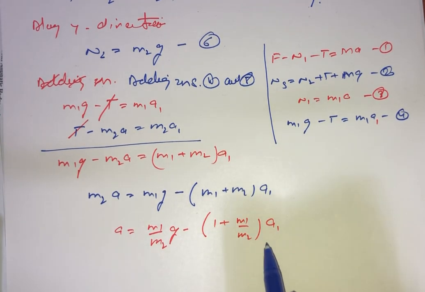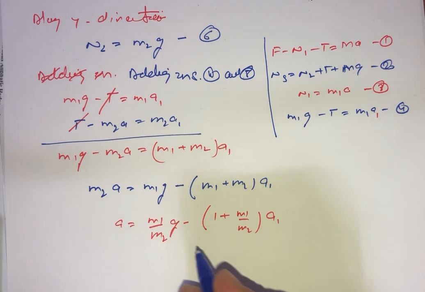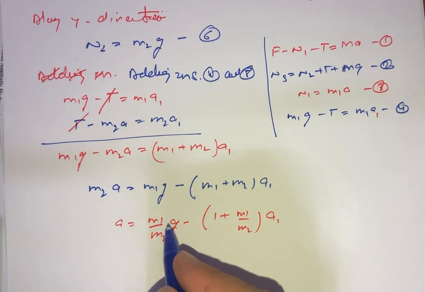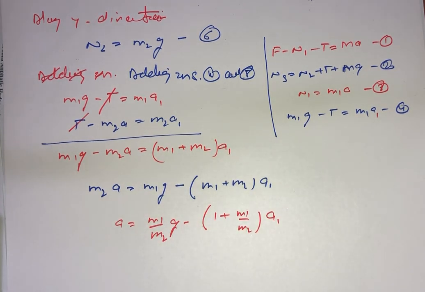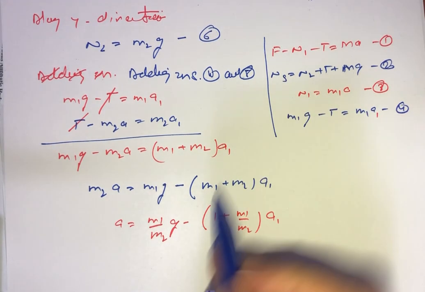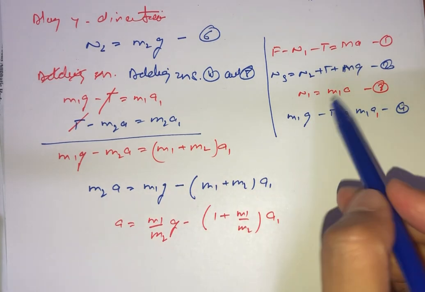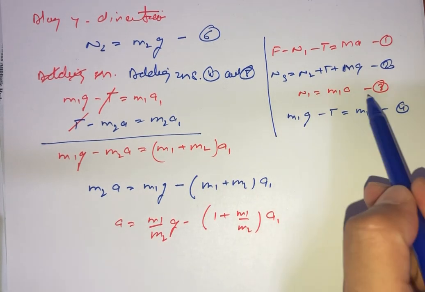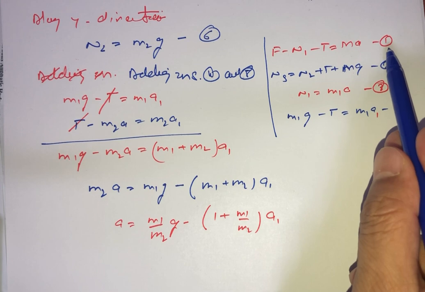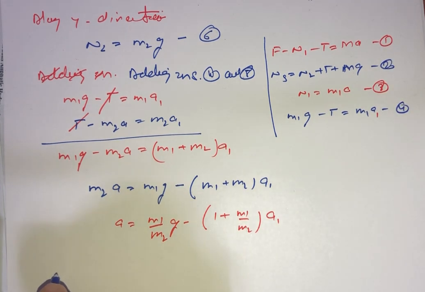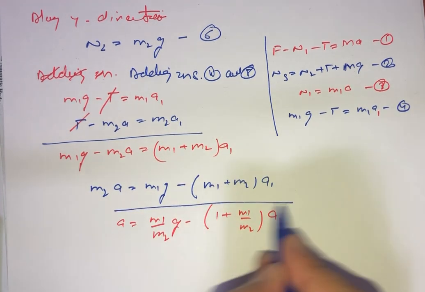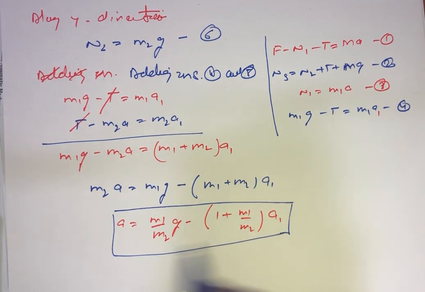Next we are going to find out what will be the force F. We use equation number 3 in equation number 1. You can solve this later on also if required.